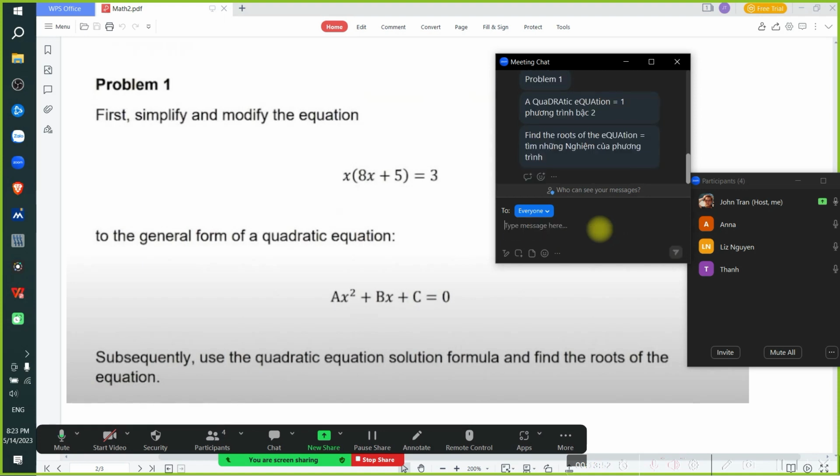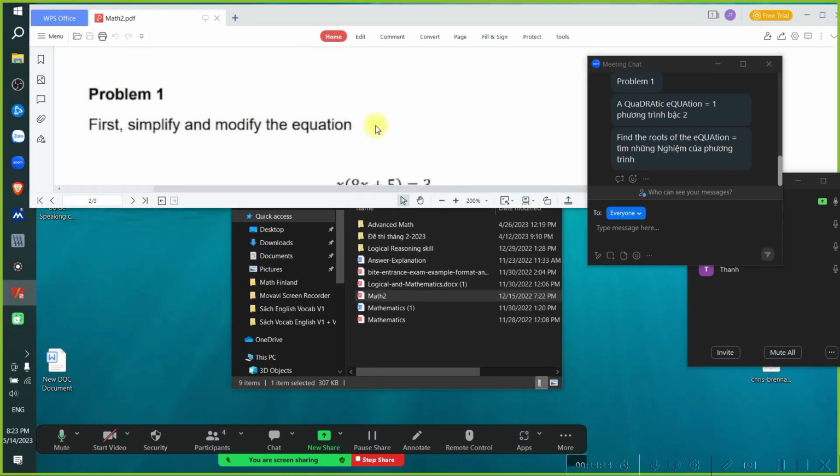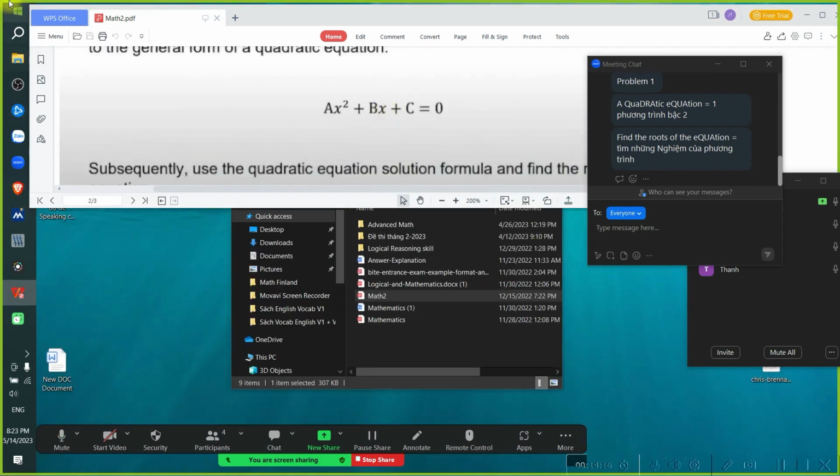Nó kêu là mình phải sử dụng công thức tính nghiệm của phương trình bậc 2 và tìm ra những nghiệm của phương trình này. So basically, if you don't remember, I'll tell you. Paint, please.